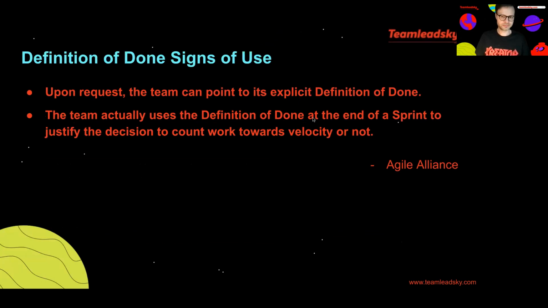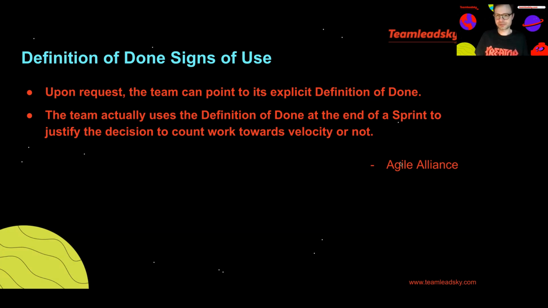So, yeah, Agile Alliance provides very useful suggestions and advice on how you can actually understand, as a coach, as a product manager, as someone external to the team, whether the team is using their beautiful definition of done, which is hanging somewhere on the wall or is placed in a nice frame on Confluence.